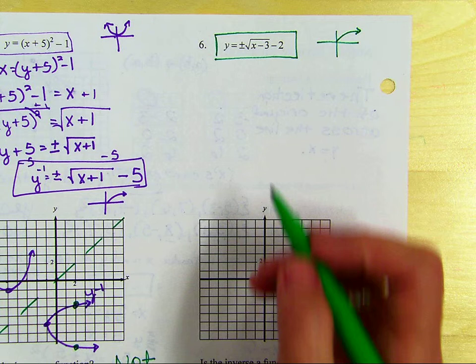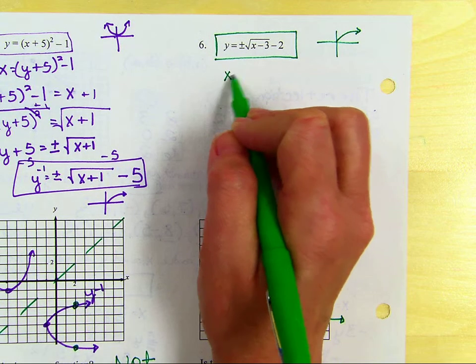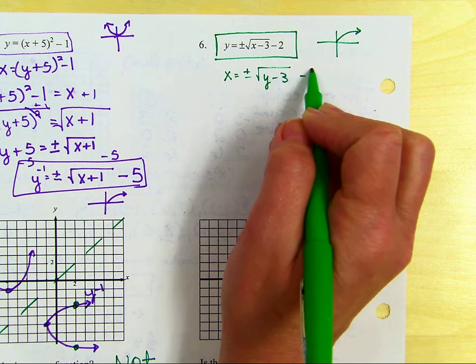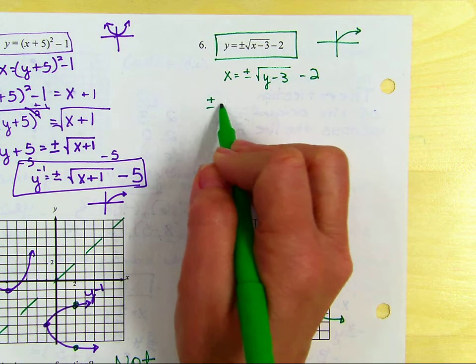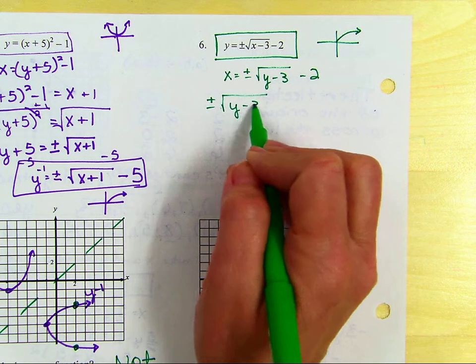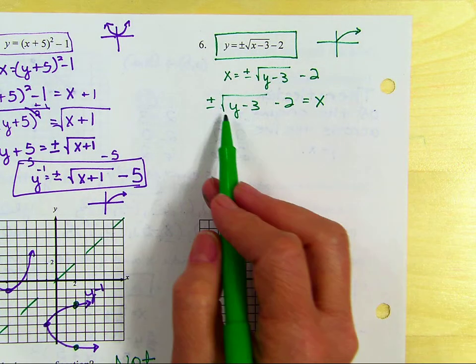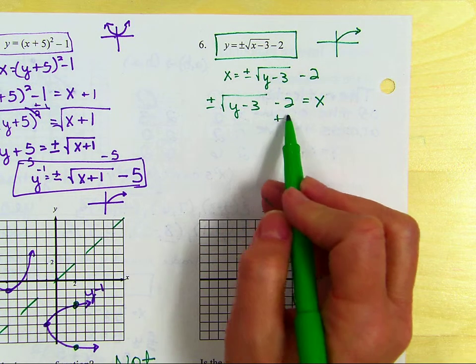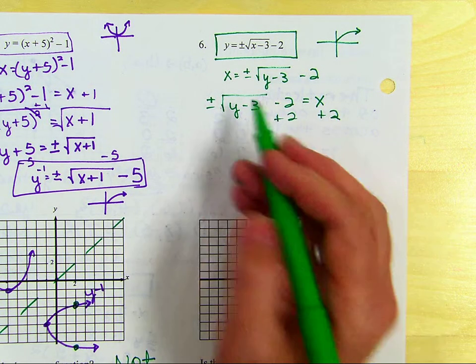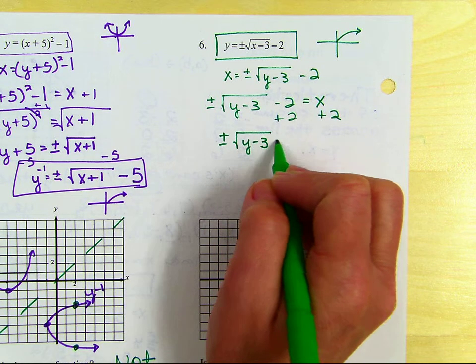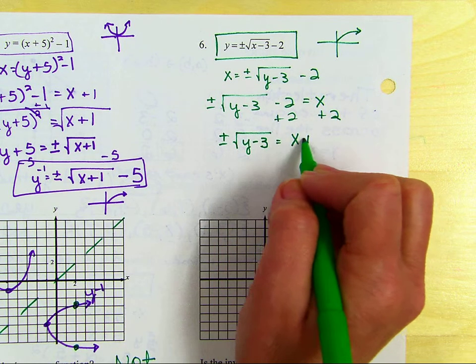Trade the x and the y. Flip them so it's a little easier for me to solve. Get that radical by itself, so I'm going to add 2 to both sides. Got plus or minus the square root of y minus 3 equals x plus 2.